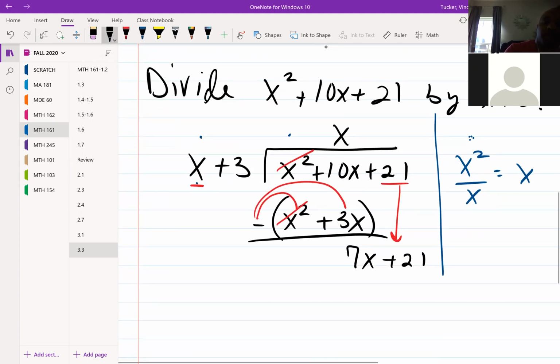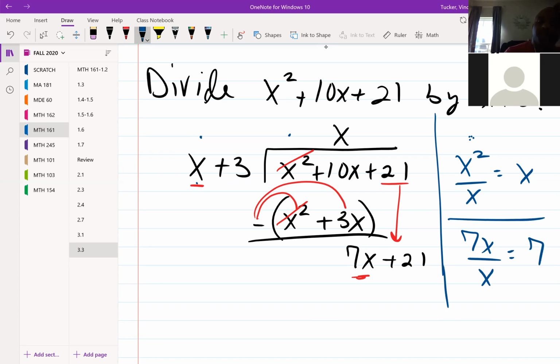Now we're going to compare x and 7x. Say what times x will give me 7x? Or once again, you can do this. And we see that it's just 7. So plus 7 will go up here. 7 times x is 7x. 7 times 3 is 21.